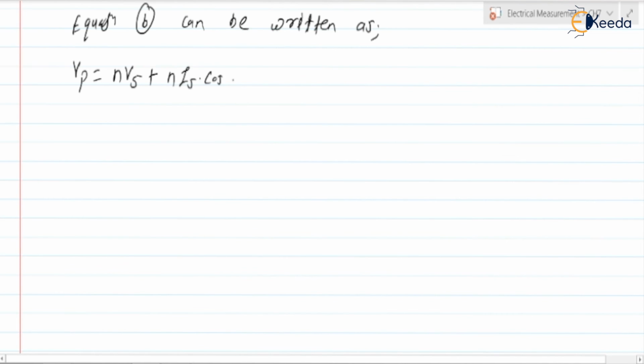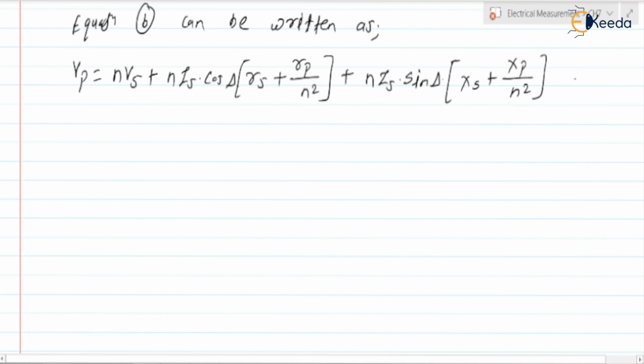So equation b can be written as, from equation a, Vp is equal to n into Vs plus n into Is into cos delta into (Rs plus Rp by n square), plus n into Is into sin delta into (Xs plus Xp by n square), plus Ie into Rp plus Im into Xp.